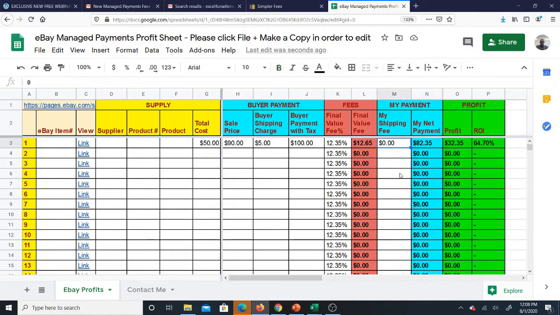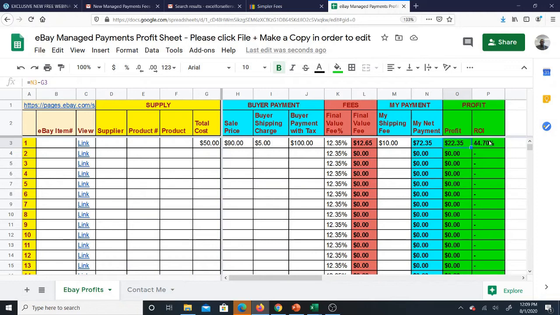However, if there's also some kind of shipping fee being taken out, let's say you're paying $10 for shipping, well then your net payment will be $10 lower, $72.35. And then the profit, of course, is simply taking the net payment that you're receiving and subtracting the original cost of the item, which is $22.35, the profit.